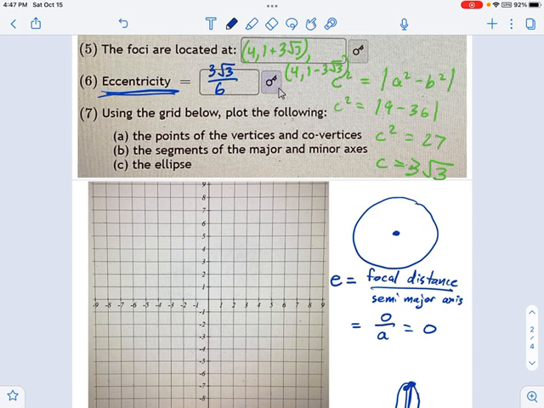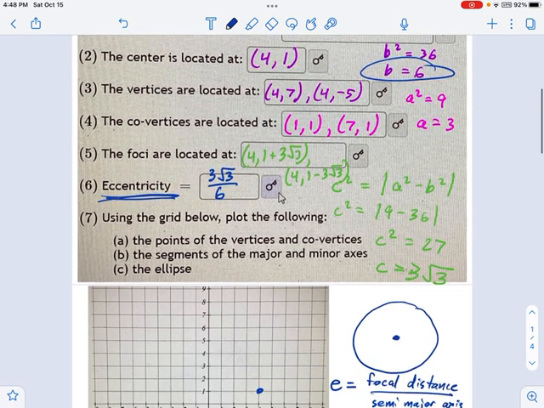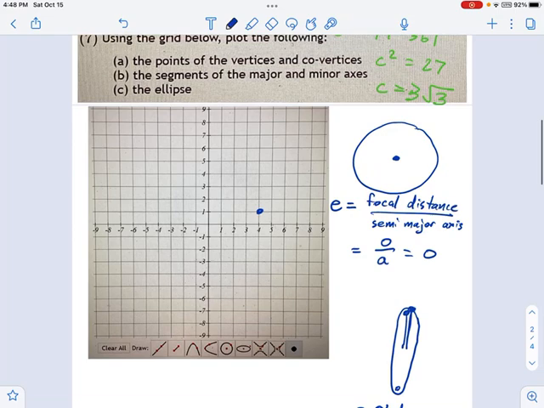So now the easy part is we just pop everything on a graph. Okay, and if we've done all the work already, this part's pretty easy. I'm going to put the center on here. I know it doesn't ask you to plot the center as a point, but I'm going to put this on here just so I can keep myself oriented, and then we'll take that away. So first I'm going to draw the semi-major axis. The vertices go from 4, 7 to 4, -5.